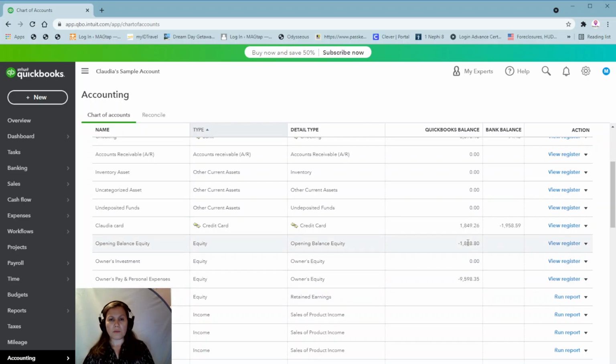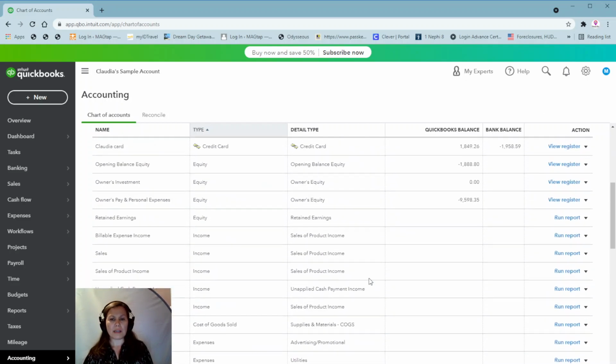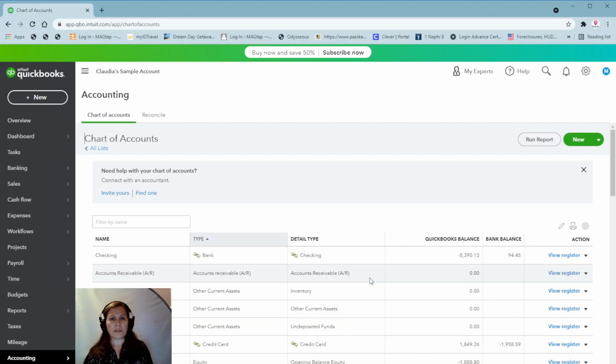On the opening balance equity, like I said, you should zero out this amount and you're going to do it with a journal entry. And on the credit card account, here we have a negative amount, which means that we have more payments than expense. So basically what it's saying is that you're overpaying your liability. Sometimes you may see that negative amount on a liability account, and what it means is that probably the liability has not been entered. I have clients who had that, we were recording the payments to a car payment, but the car itself was not entered in the books, or the car liability was not entered in the books.